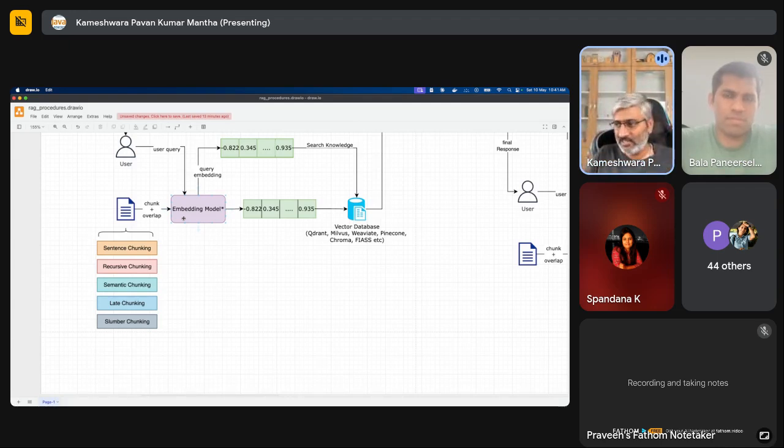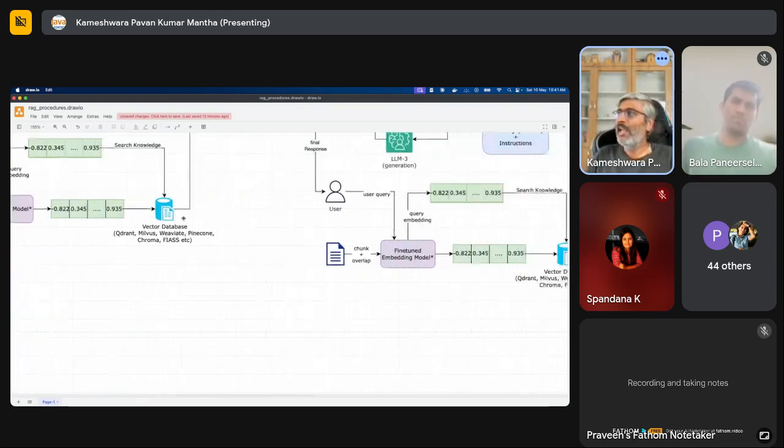There are a few RAG metrics available from different RAG evaluation frameworks, for example DeepEval and Ragas. They measure things like answer relevancy, context relevancy, answer precision, and context entity recall. These are the different metrics we measure on top of this pipeline by doing all these experiments.